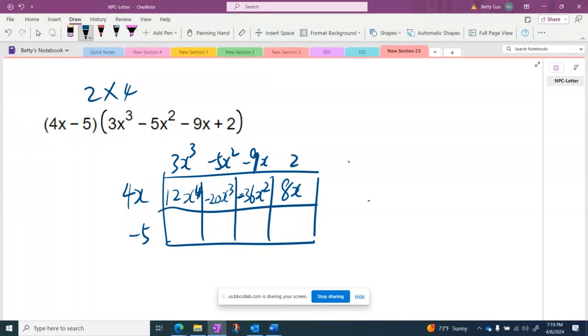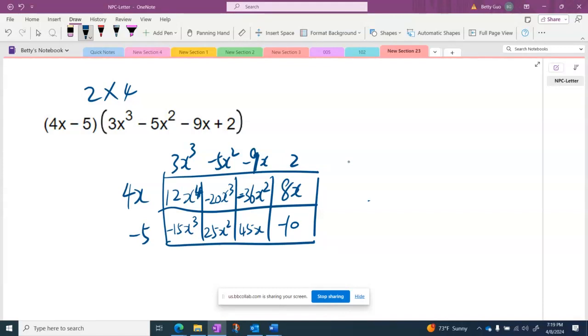Okay. Row 2, negative 5 times 3x cubed, negative 15x cubed. And row 2, column 2, 25x squared. Row 2, column 3, 45x. Row 2, column 4, negative 10.